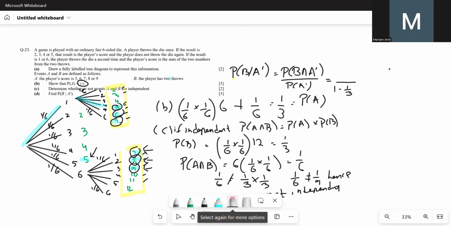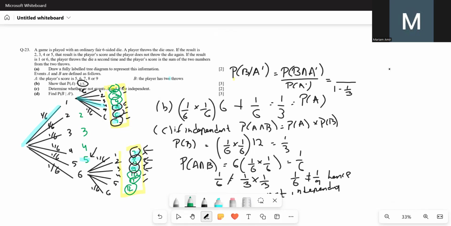So that would be this case, because this is not A, but it is B. There are two throws here. So event B is happening and the score is neither 5, 6, 7, 8, nor 9. So B and not A includes this score, this score, this score, and this, and this.